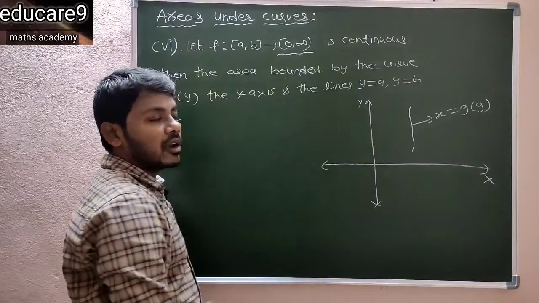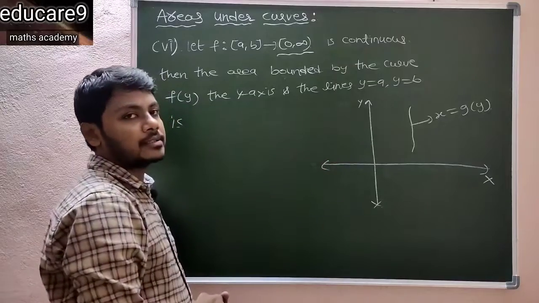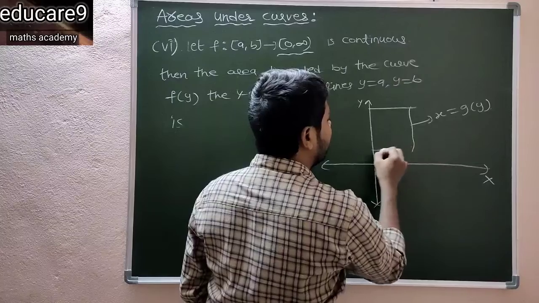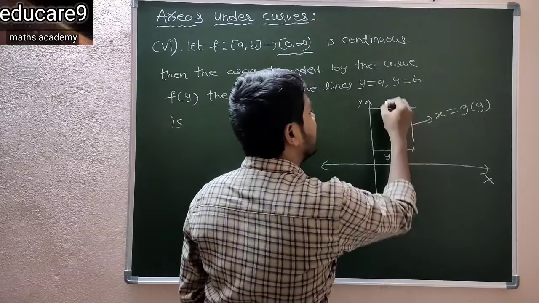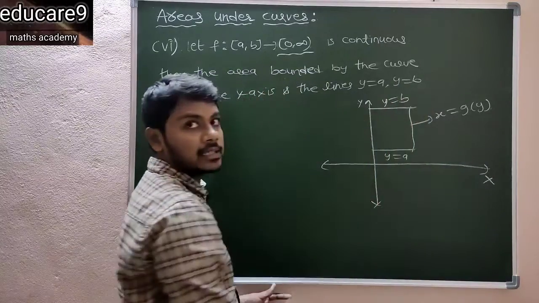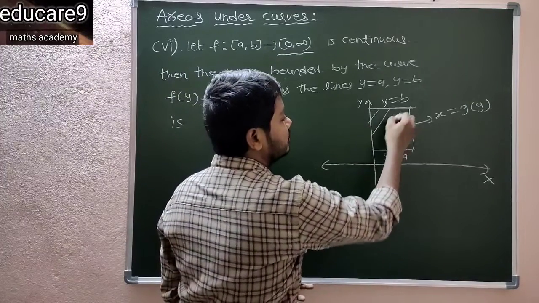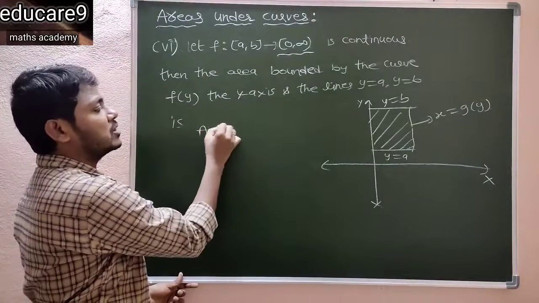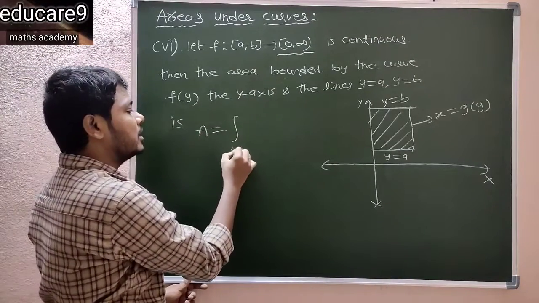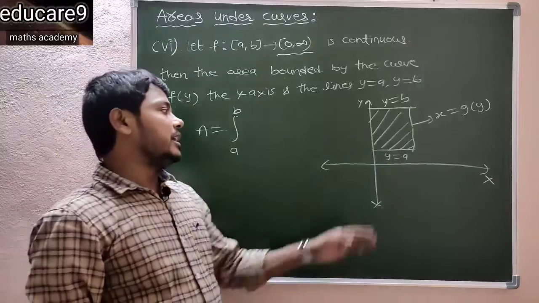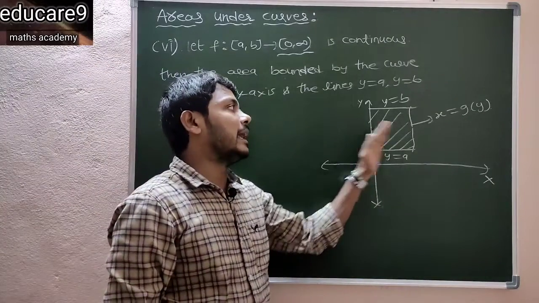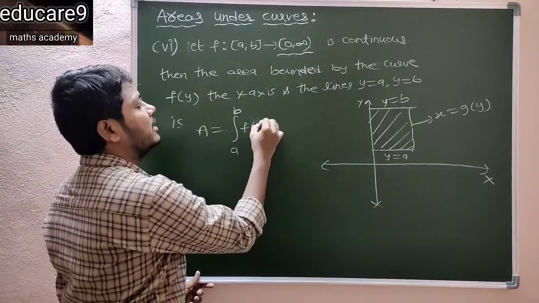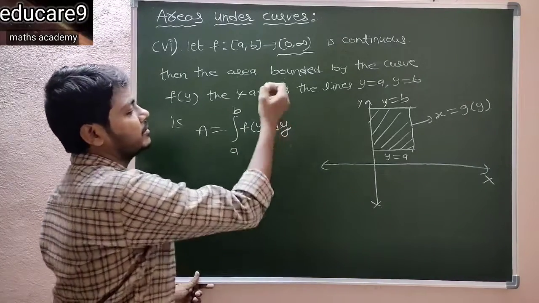That curve lies to the right of y axis, and the area bounded by the curve g of y and the lines y is equal to a, y is equal to b, y axis. So this area. Clearly that area is A is equal to integral a to b.